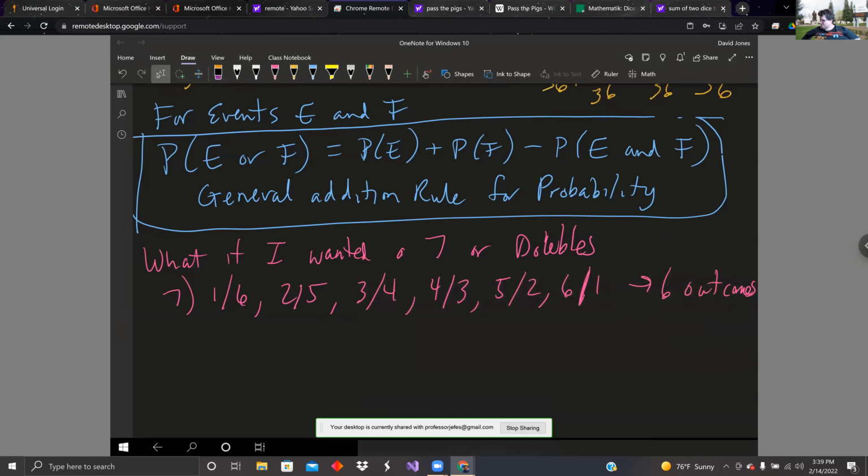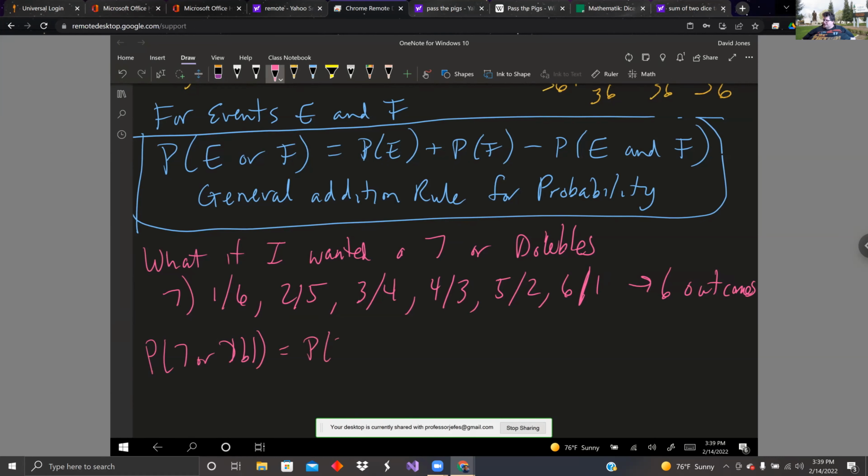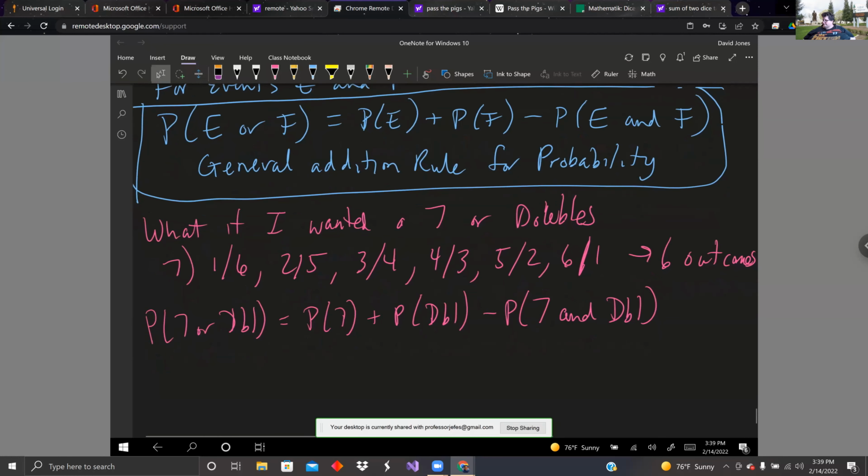If I apply that general rule here, the probability of 7 or doubles equals the probability of a 7 plus the probability of doubles minus the probability of 7 and doubles. This was 6 over 36. This is 6 over 36.